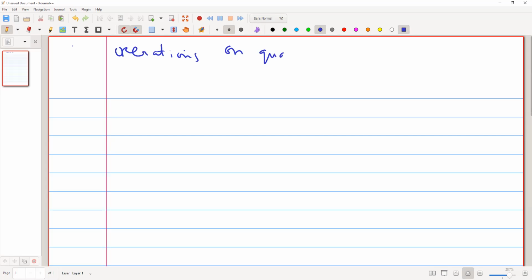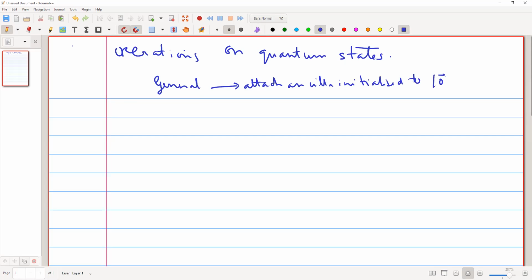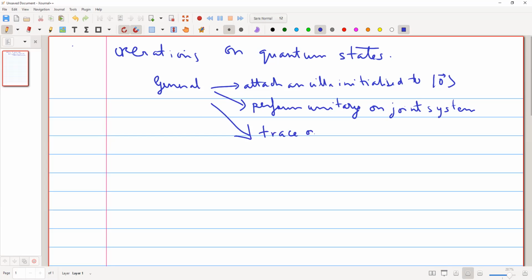We have seen the general ones: first attach an ancilla initialized to 0, then perform the operations, then measure, and trace out the system.